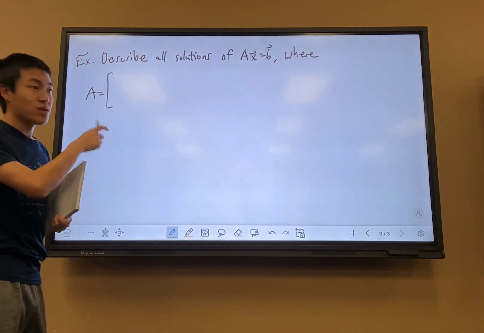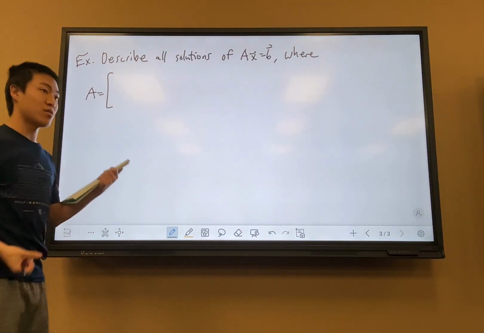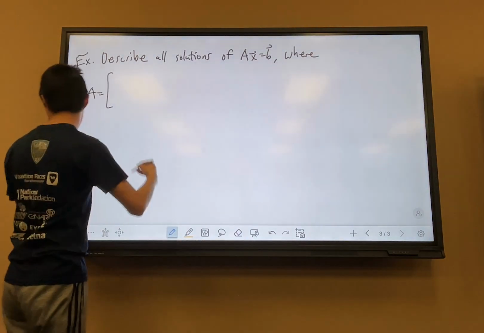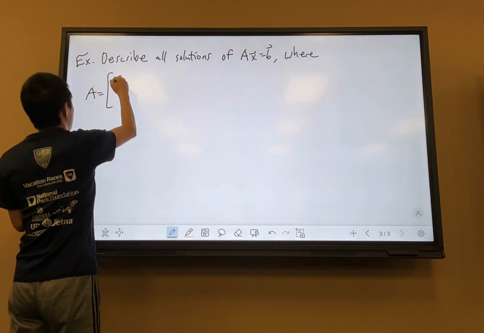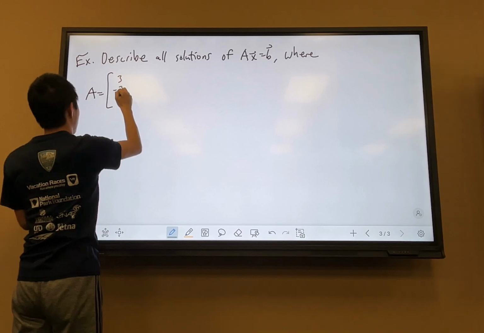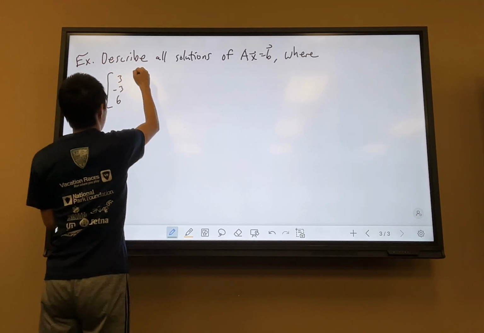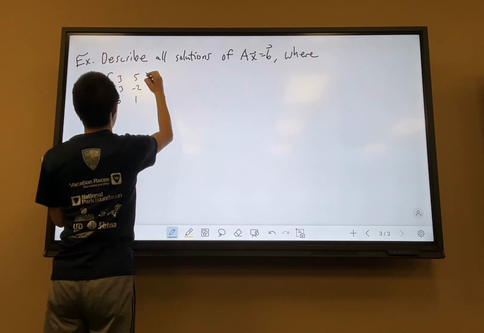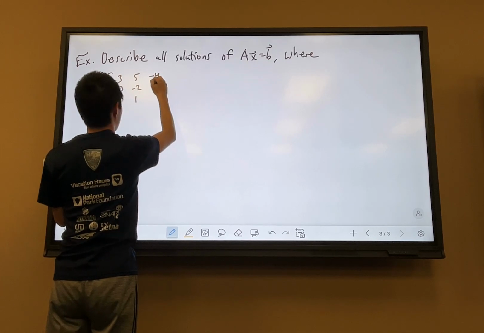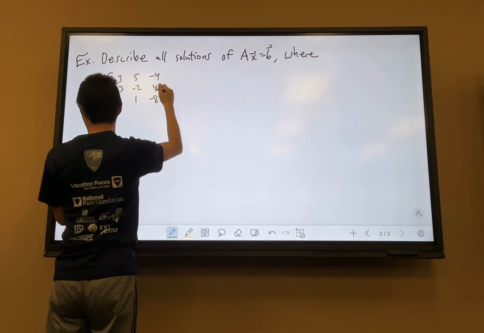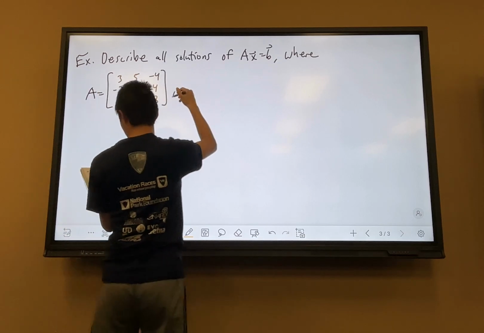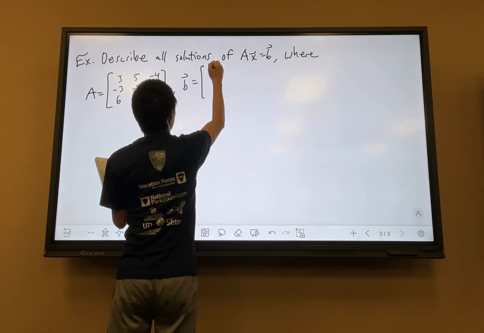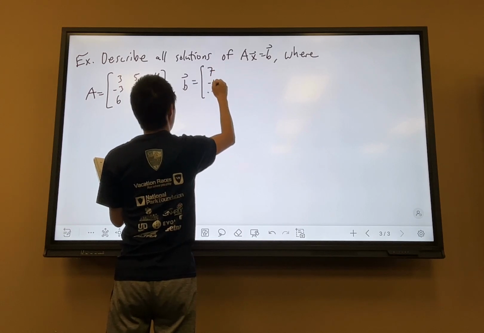This should look like a familiar matrix, and that's intentional because I want there to be some level of comparison between the homogeneous version and the non-homogeneous version. So we'll take our 3, -3, 6. If you're taking notes, find your page where we covered this problem and be able to reference it when we do the conclusions for this problem, because that is kind of inherently the whole point of learning this part of the text. And so our b is going to be 7, -1, -4.